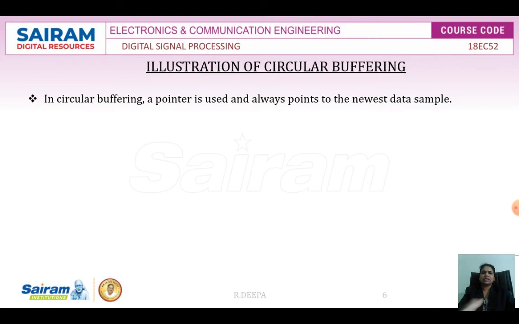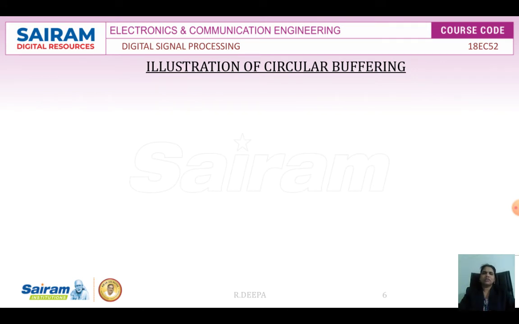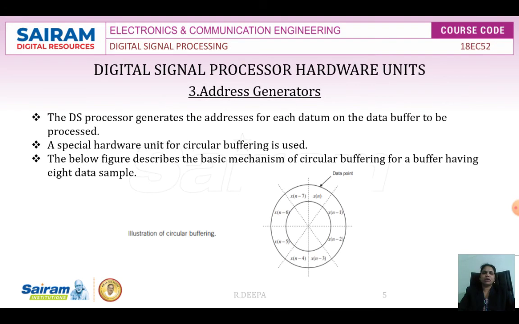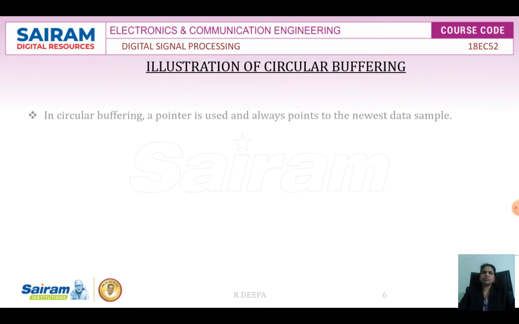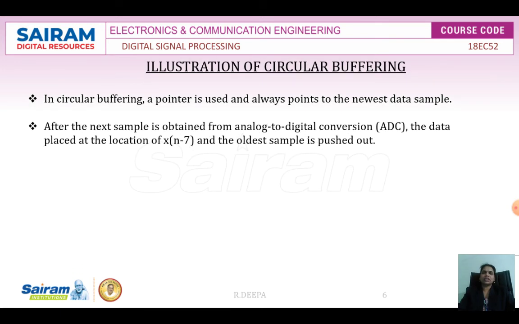So let us illustrate this circular buffering. In the circular buffering, you can observe there will always be a pointer pointing towards the current data that we are going to feed. That is, it acts as a first in first out buffer. So once the next sample is obtained from the ADC, the data placed at the location will be replaced and pushed out.